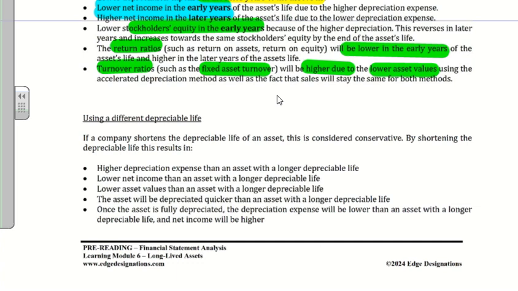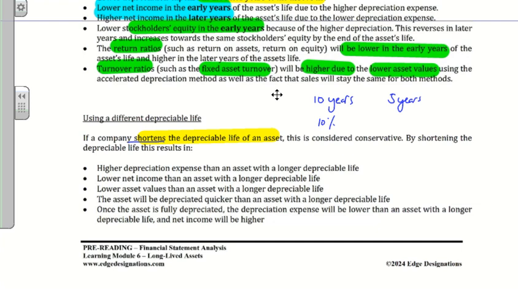What happens if a company decides to use a different depreciable life? It shortens the life of the asset. Just very important this. Let's say, for example, the life of the asset was 10 years. If it was 10 years, I would depreciate by 10% per annum. Now I'm going to shorten the life. I'm going to make it 5 years.